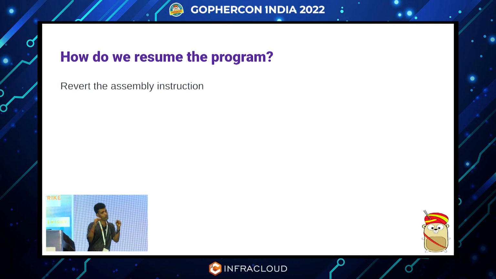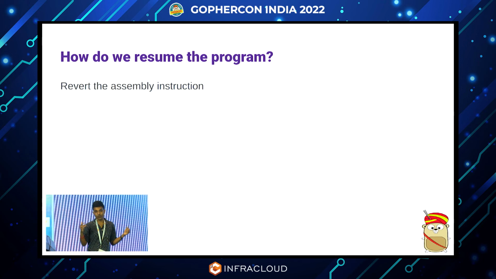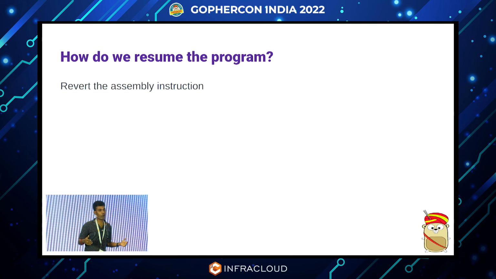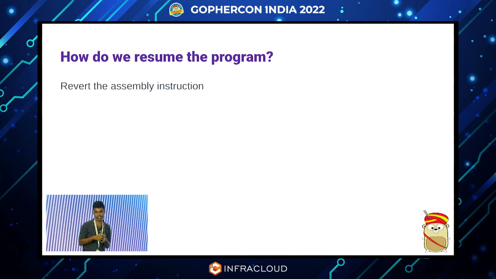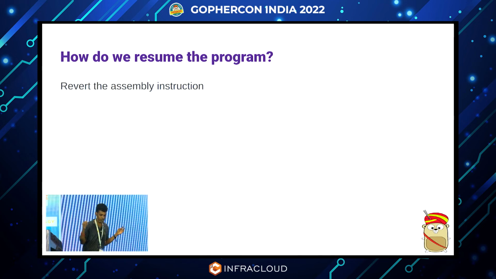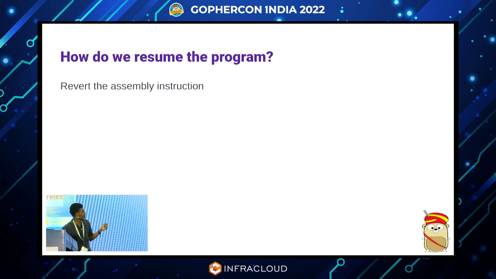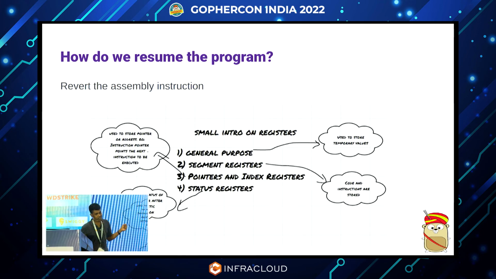Because line number 12 is already executed, that's why we got this trap signal, right? So if you do ptrace continue next, line number 12 won't get executed; instead, line number 13 will get executed. How do we make the program execute line number 12 again? This is where registers come in.